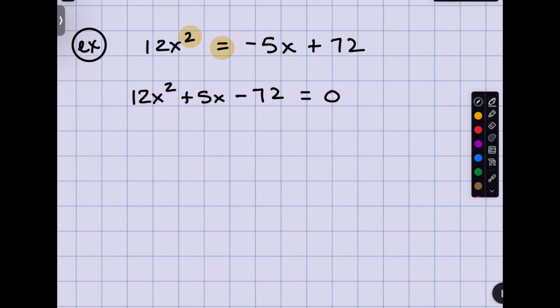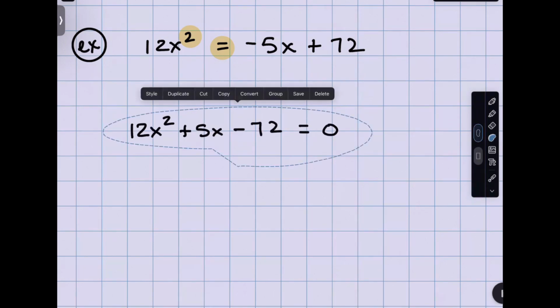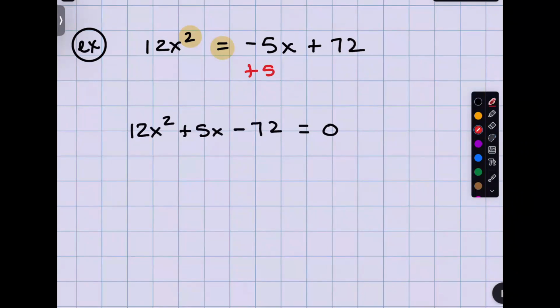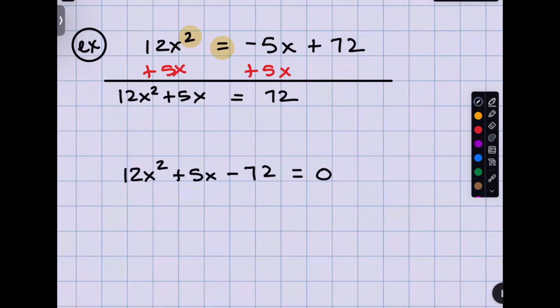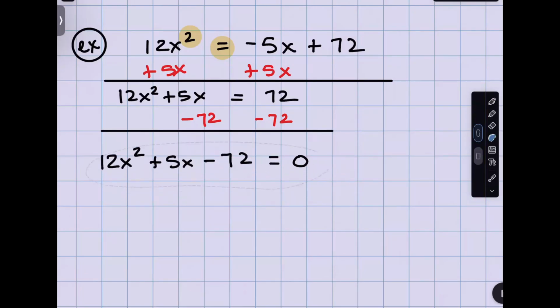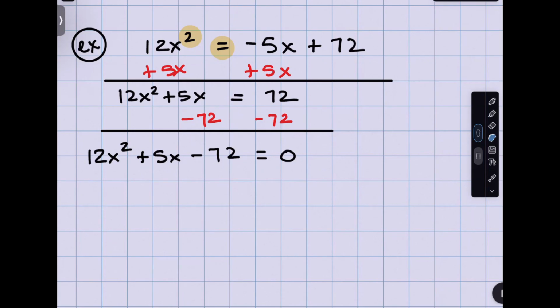Well, how do I bring something over to the other side? Right? Because I got to get rid of it from the other side.